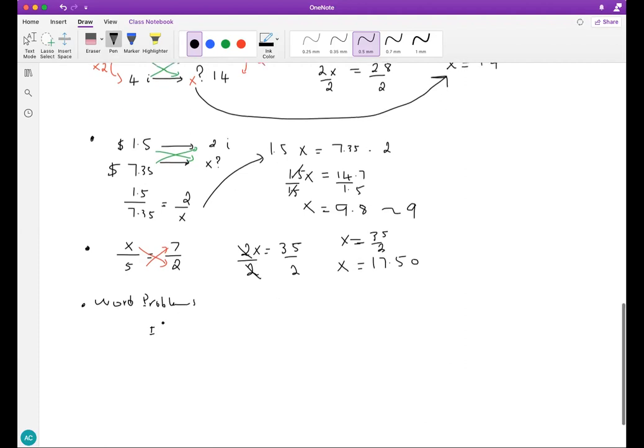Something like this. Let's say 3 items cost $17.